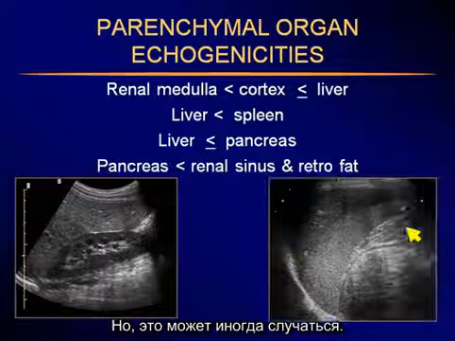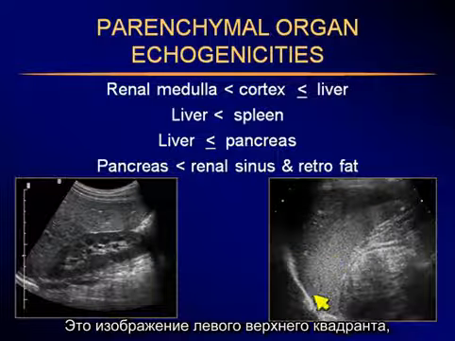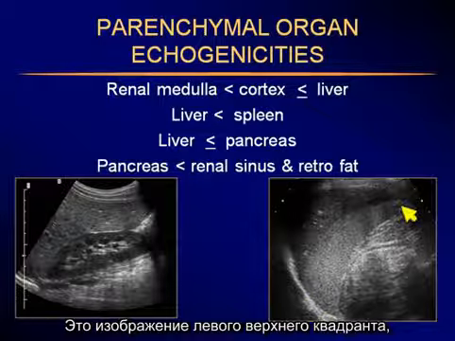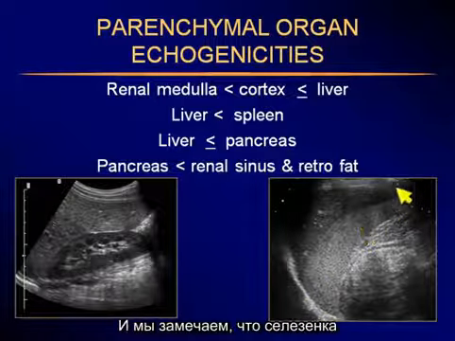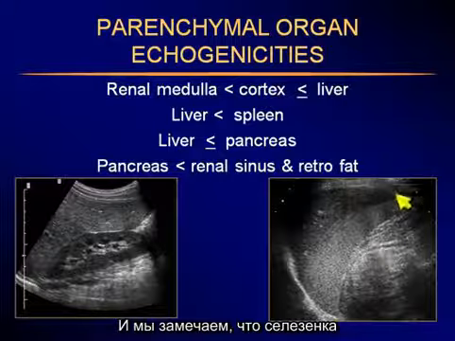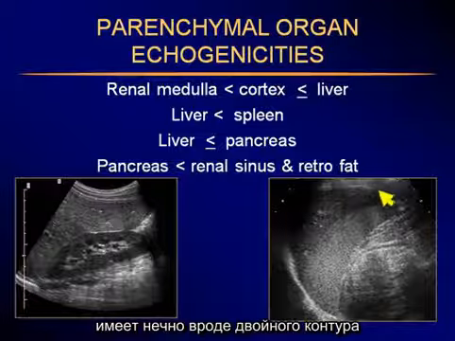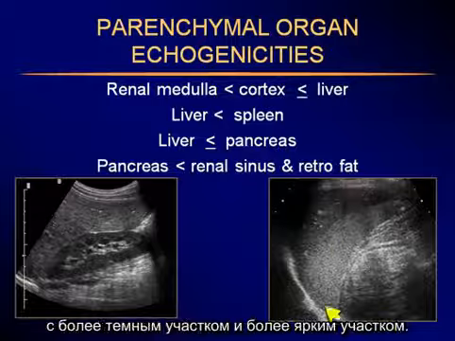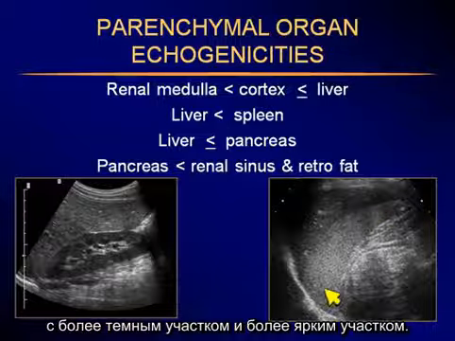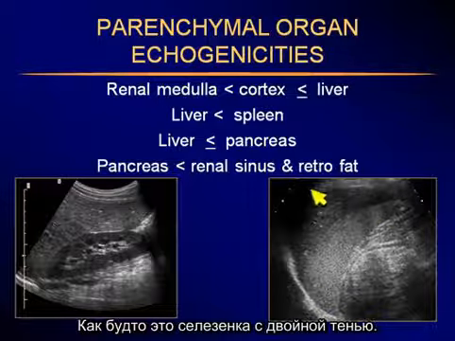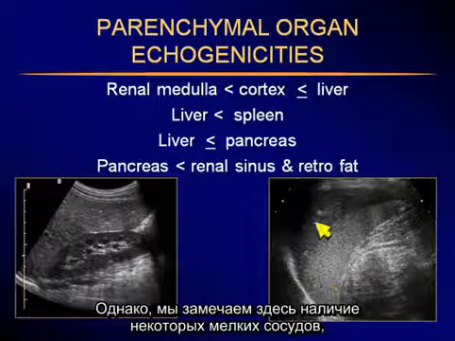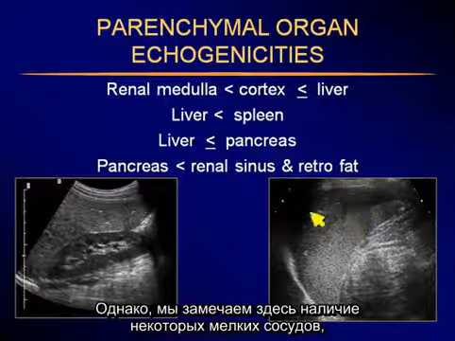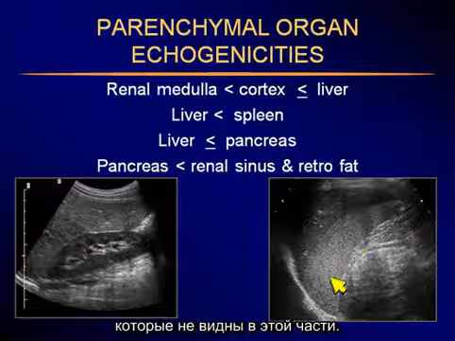That can happen sometimes. Now, this is a scan of the left upper quadrant, and we're looking at the spleen here, and we notice that the spleen has sort of a double shade, has a darker area and a brighter area, almost like a double shaded spleen. However, we also note that there are some little vessels in this part of the spleen, not so much seen here.